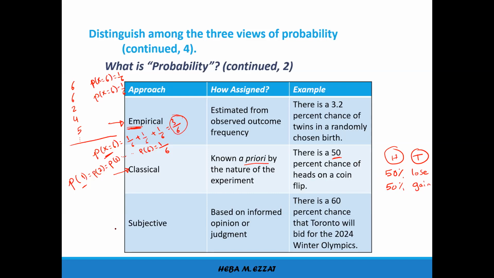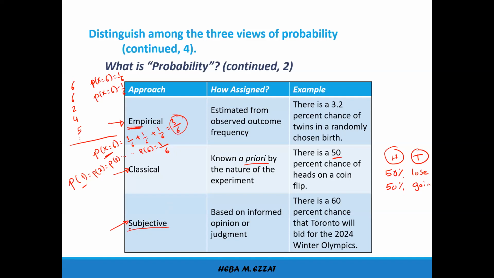The third type of probability is called subjective. Subjective here means personal. It's something that is not objective. It's not built upon science or assumption or hypothesis or something like this.